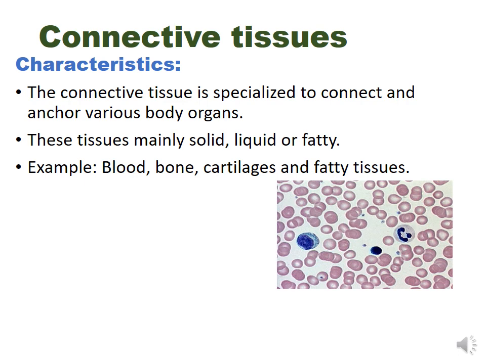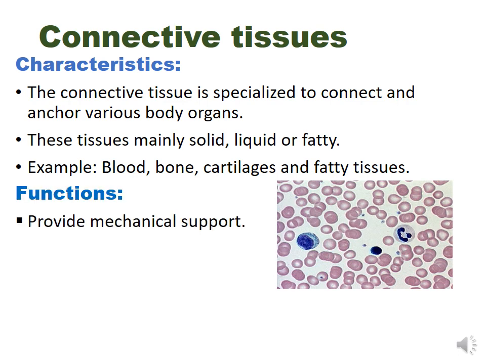Now, here you see this is the figure of blood, the liquid connective tissue. These are the red blood cells, this one is a white blood cell, and this one is a lymphocyte. Now let's learn some functions of connective tissues.